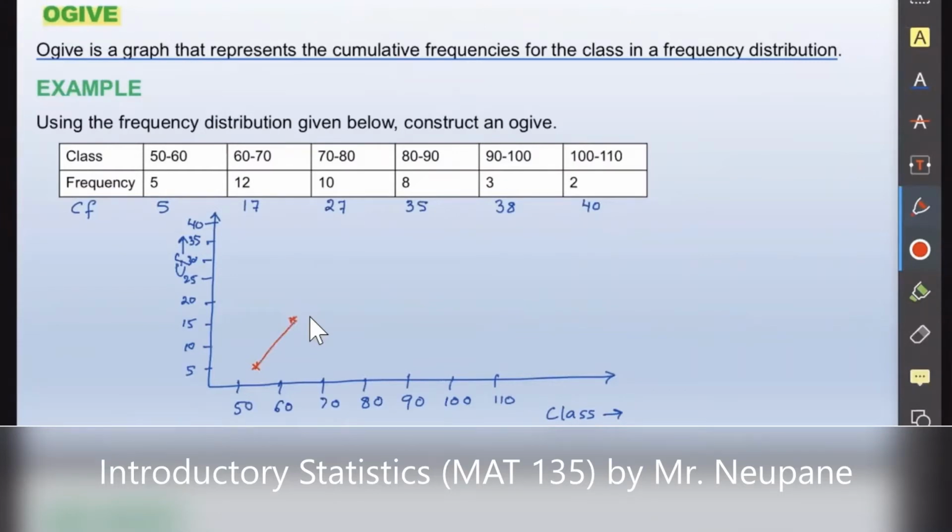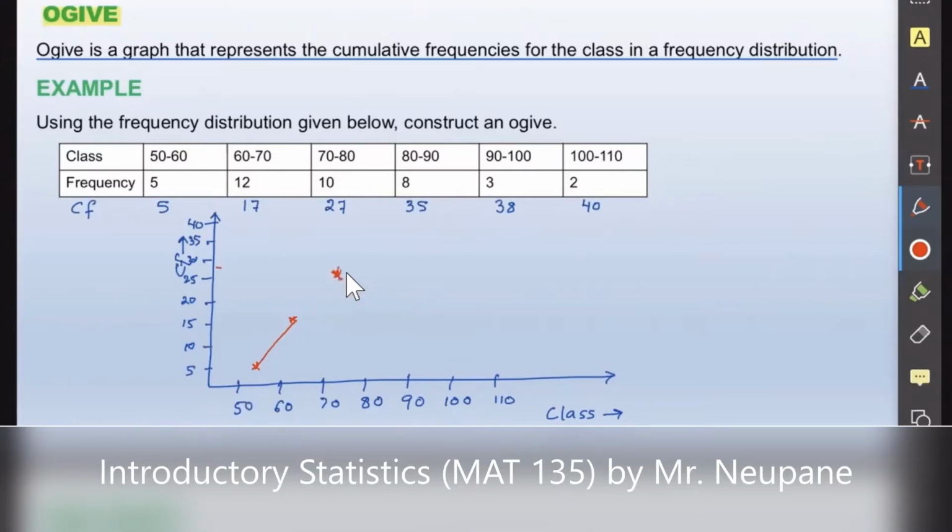And then the next one, 70 to 80, is 27. So we'll go up to 27, which is here.